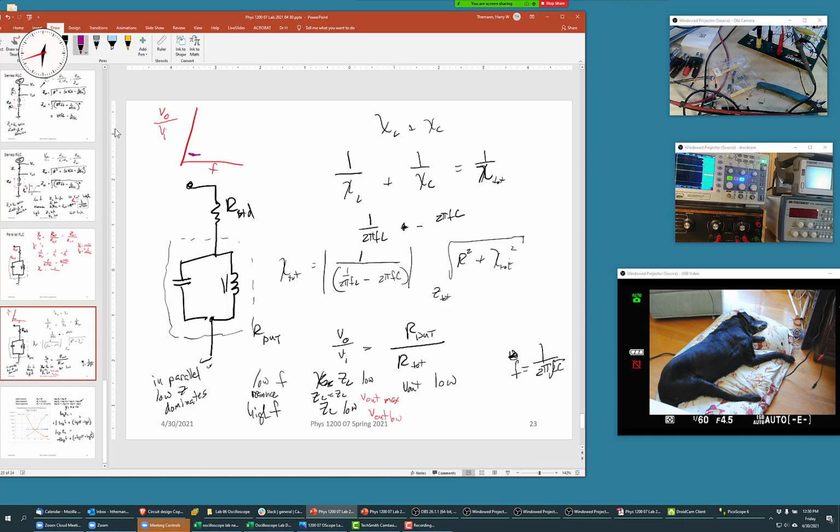And at high frequency, the capacitor has a low impedance. So also, this is going to be low, because our DUT will be low. And then at that sweet spot, it's actually the opposite behavior as the series circuit, and it's still the same equation. And this is how one makes a radio tuner.